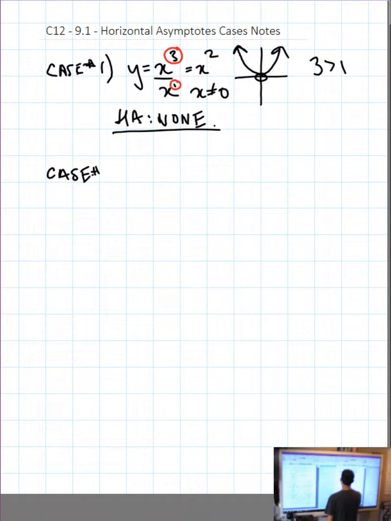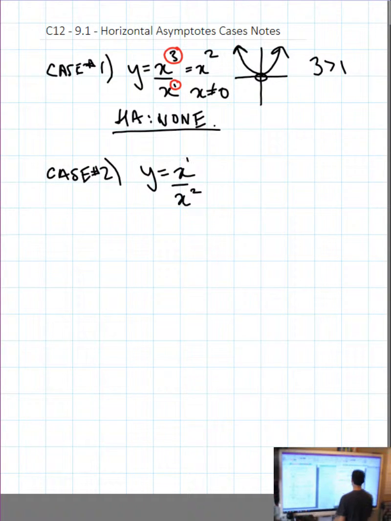So, case number 2, from the English instructions, if the exponent of x is higher on the bottom, like y equals x over x squared, well, x is to the 1 on the top, so 2 is greater than 1.